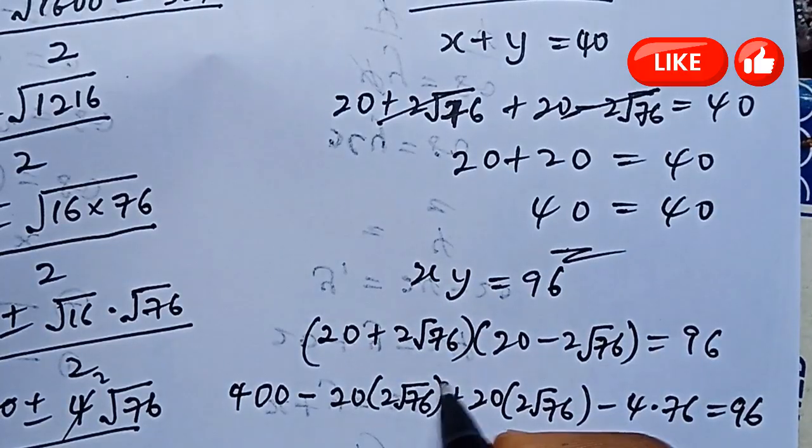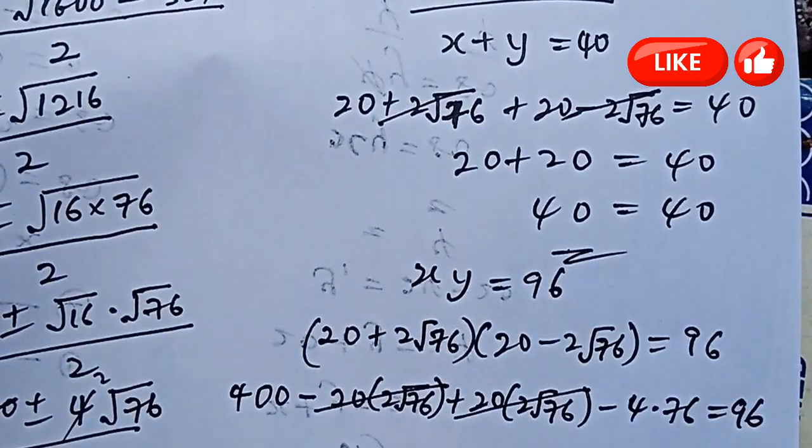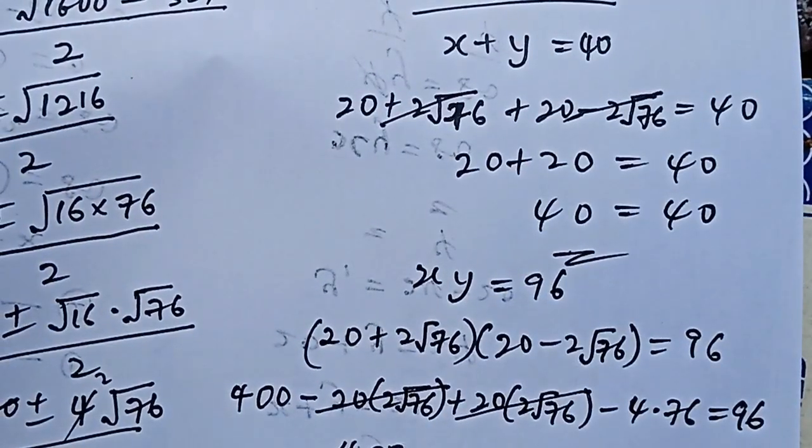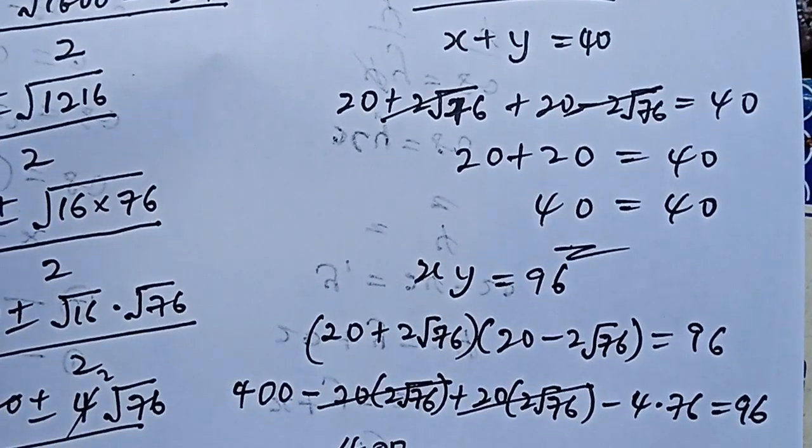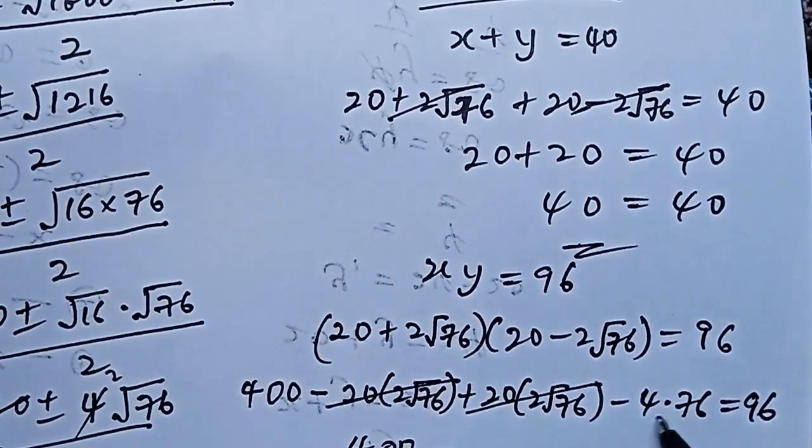So we are left with 400 minus, this multiplied by this will give us 304, equals 96.